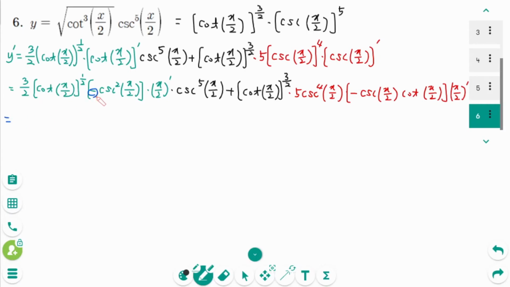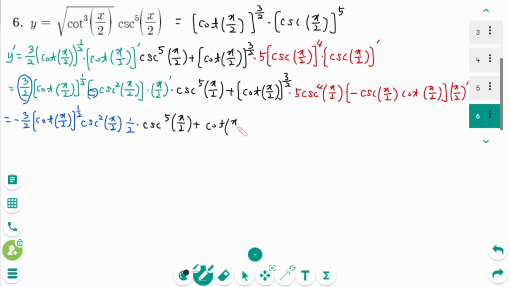Equals minus 3 over 2 times cotangent(x/2) to the power of 1 over 2 cosecant squared of x/2 times (x/2) prime, which is 1 over 2, times cosecant to the power of 5 of x/2, prime, cotangent(x/2) to the power of 3 over 2, minus 5.